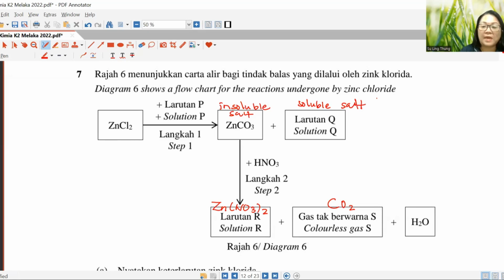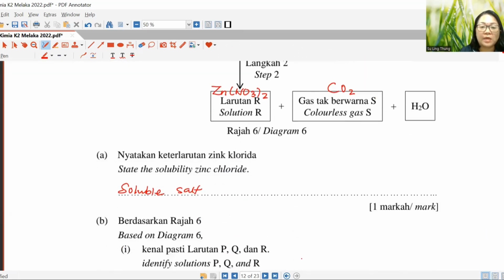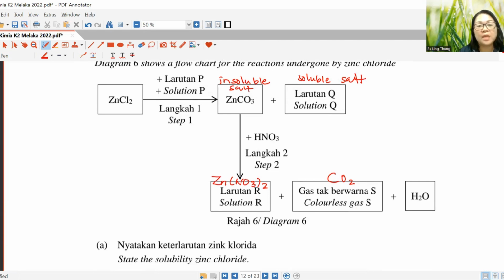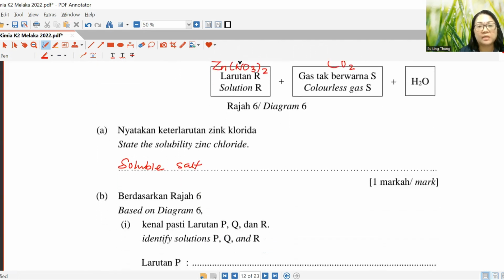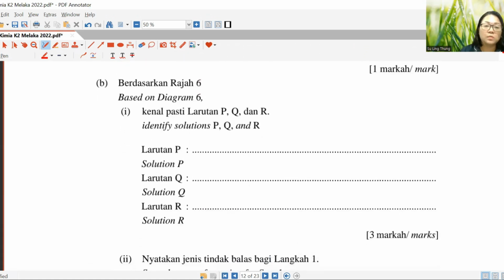So for solution P, because you are dealing with carbonate, it must have a carbonate ion. Normally all carbonates are insoluble except the triple NK. So you can choose sodium carbonate.